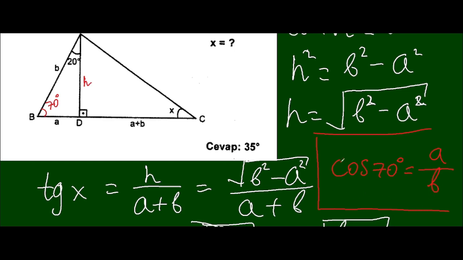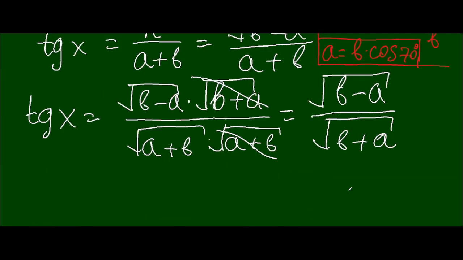From here we know that a has to be equal to b times cosine 70 degrees. So we'll have to plug into a the b cosine 70 degrees.